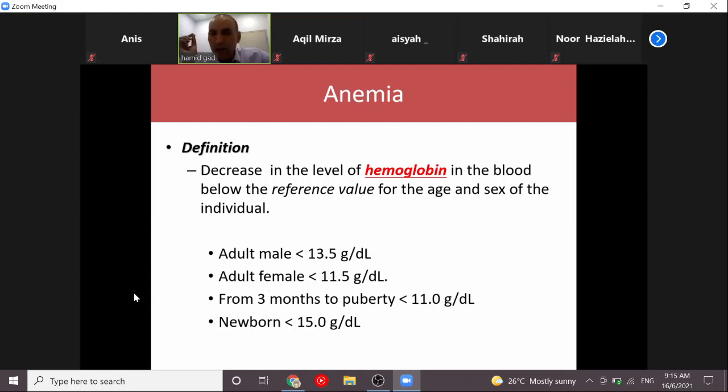And from where do we get the hemoglobin? Food? What? How do we know that the patient has low hemoglobin? Blood test. A complete blood test, or complete blood count, CBC.